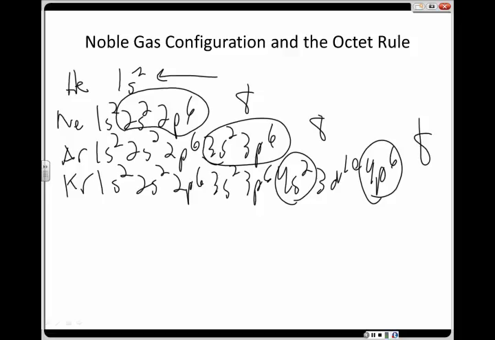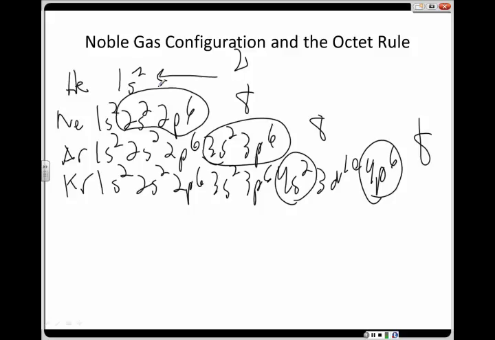Helium is kind of weird. Helium only has 2 valence electrons, so how is it that helium is super stable also? Well, it turns out that the 8 is important, but it's not important because it's 8. What's important is that if I were to add one more electron to any one of these, helium included, what would I have to do? Hopefully your answer is start a new shell.